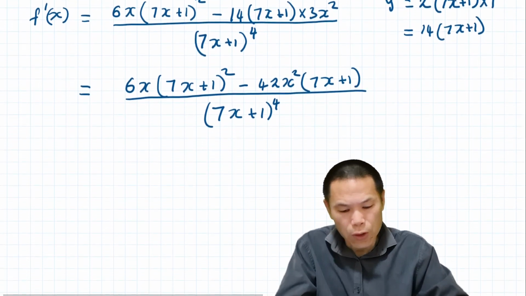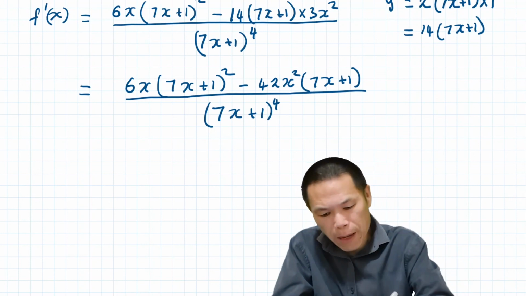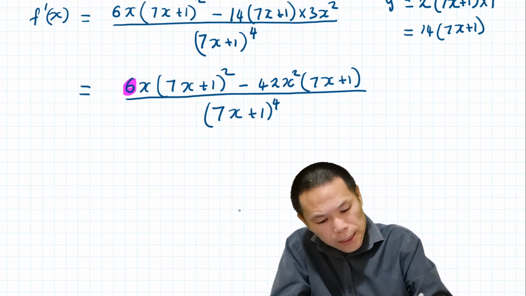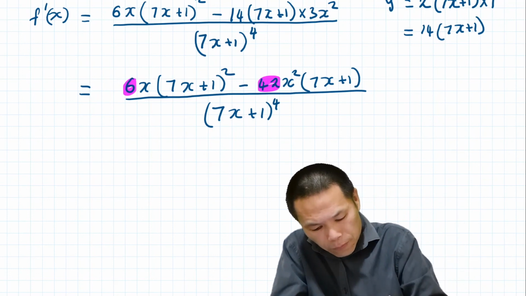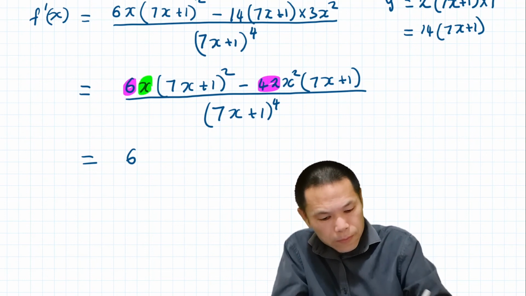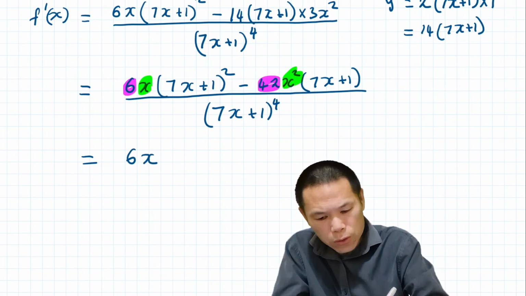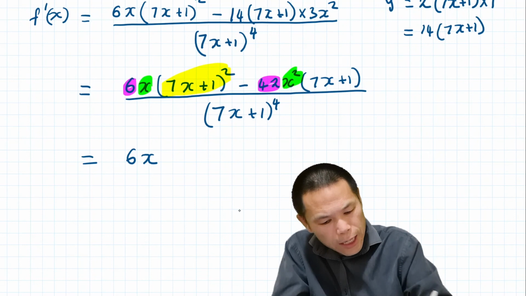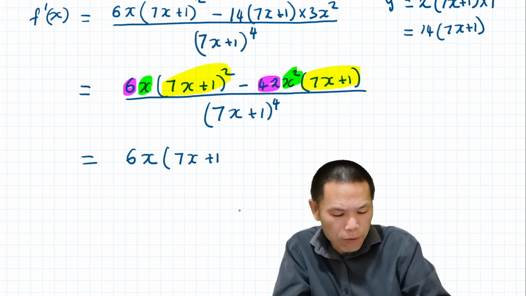Now, with the numerator at the top, if you like, we take out the common factor for 6 and 42. So the common factor is 6. So I take it out first. So equal to 6. And for x squared and x, so I take the x out. And also, for this square and this part 1, the common factor as well. So that is equal to, (7x plus 1) is a common factor.